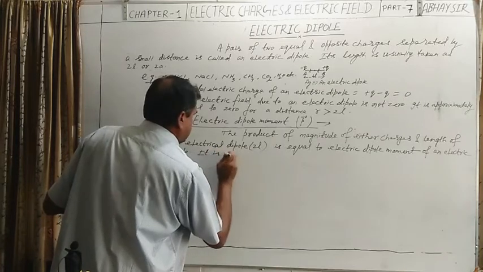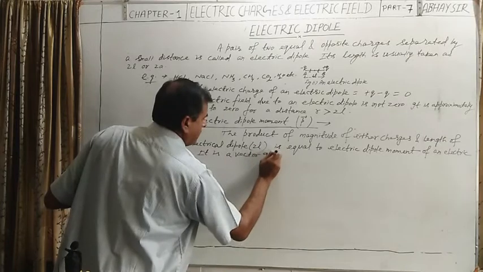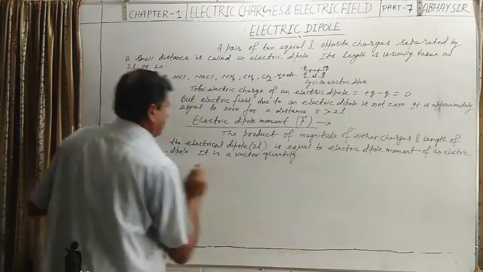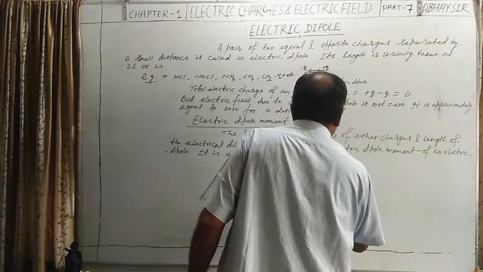It is a vector quantity, its symbol is P.